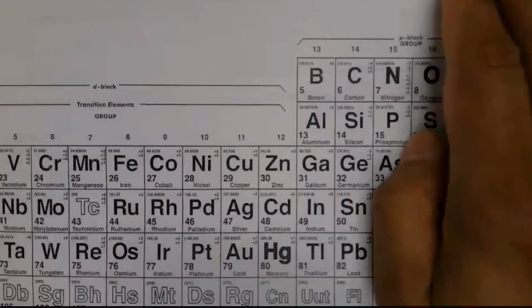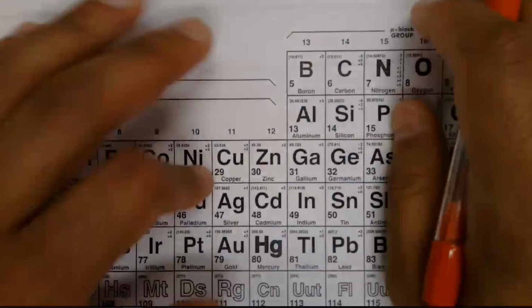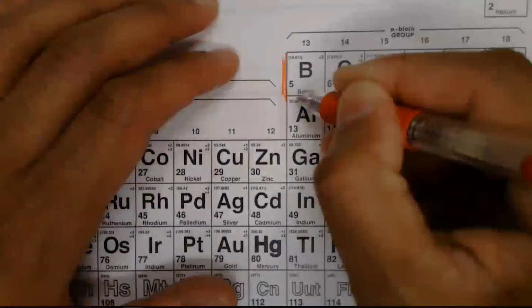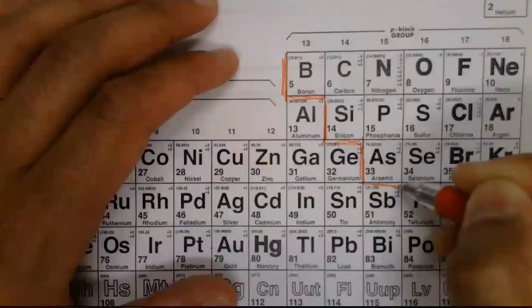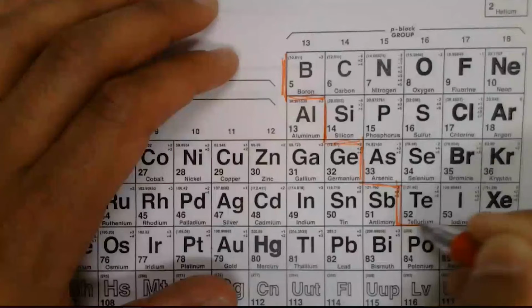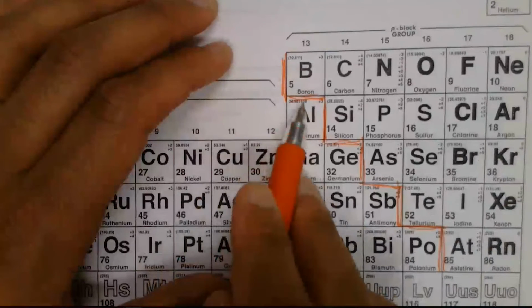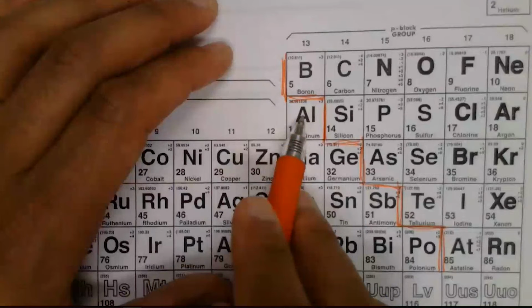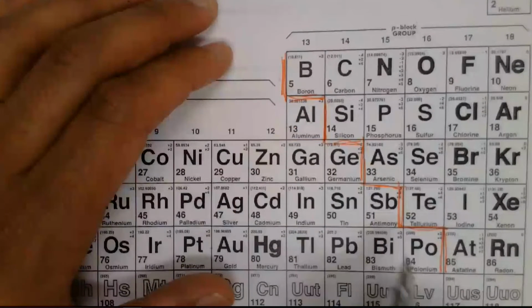It's not shown here, but it's a good idea to draw this in. If I were you, what I would do is just draw your staircase right in here. So starting with boron and dividing up with boron and aluminum, just do this diagonal staircase. And that's really important.